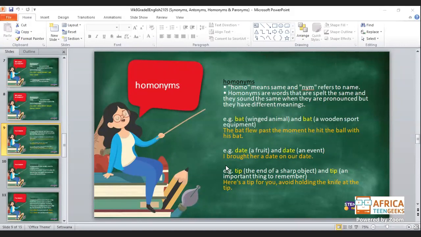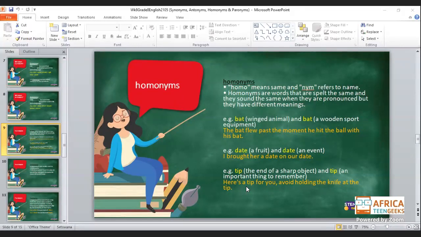As an example, I said I brought her a date on our date. So the first date here is the food, the second date is the event. Then I said tip, which is the end of a sub object, and there's also tip, which is an important thing to remember. Right, so let me go to the chat and see what you're saying.